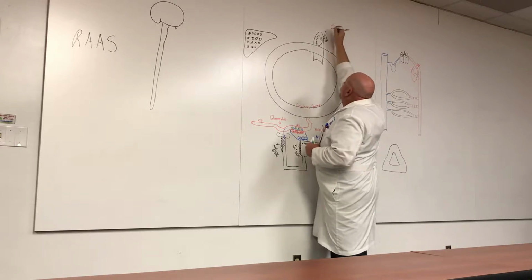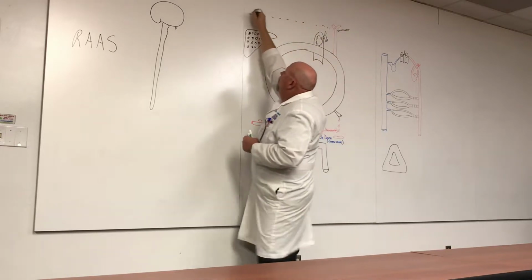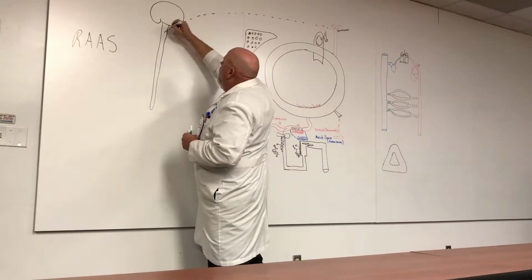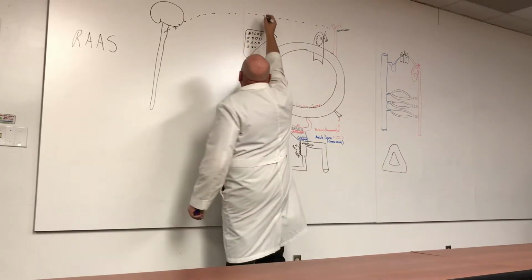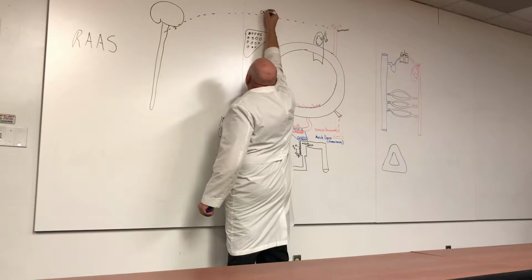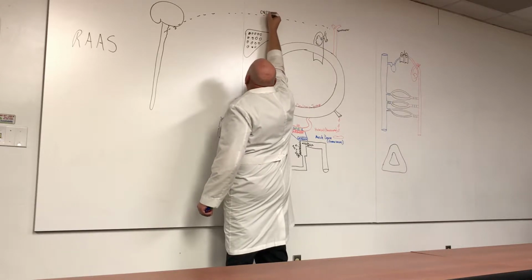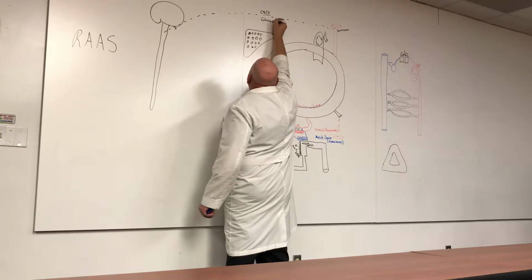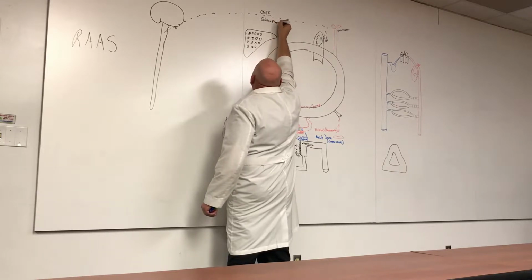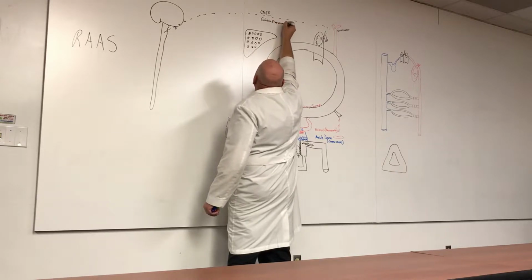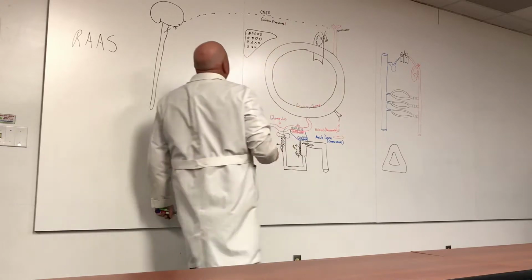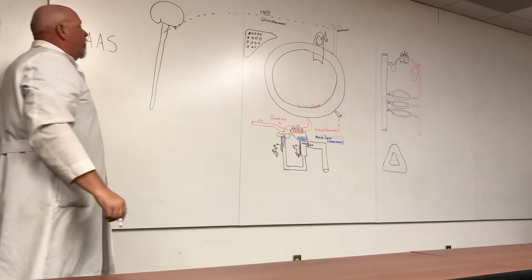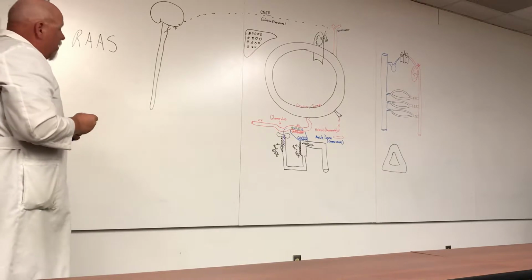Okay, and then through cranial nerve number 9, the glossopharyngeal nerve, that's the glossopharyngeal nerve, okay?